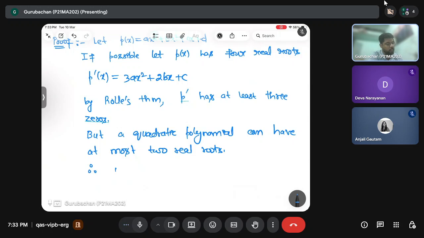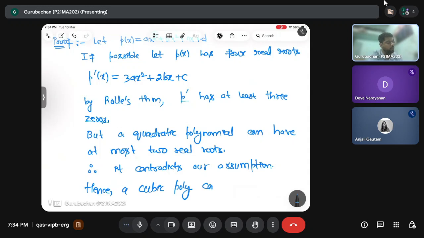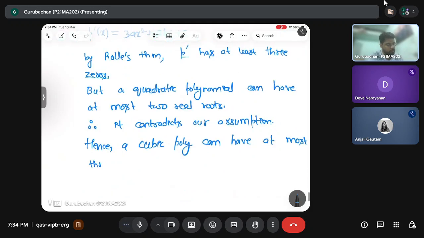Therefore, it contradicts our assumption. Hence, a cubic polynomial can have at most three real roots.